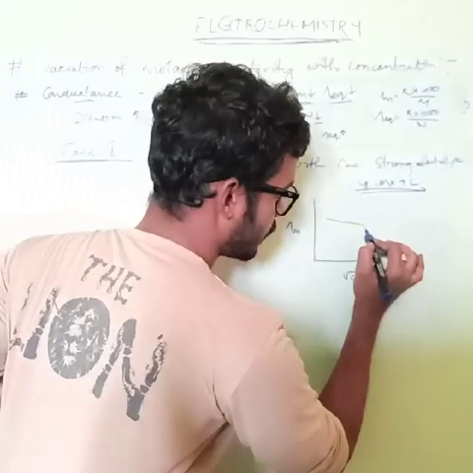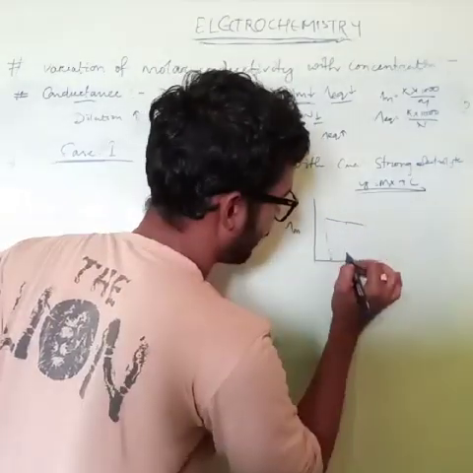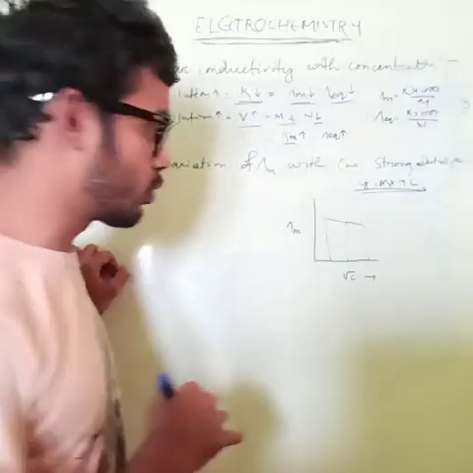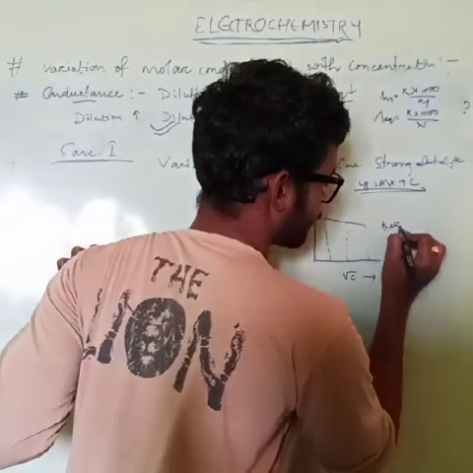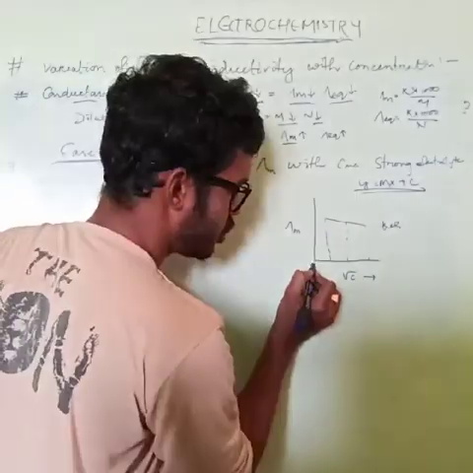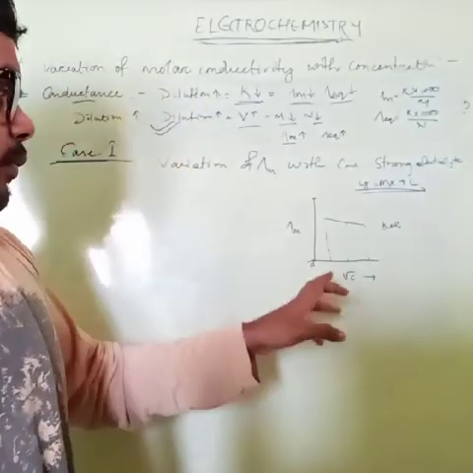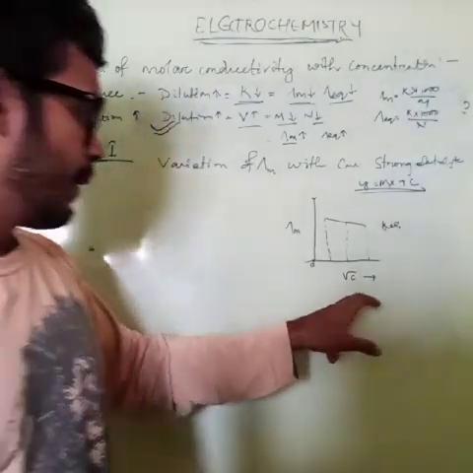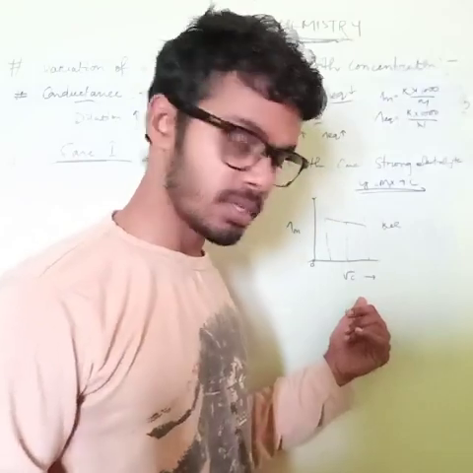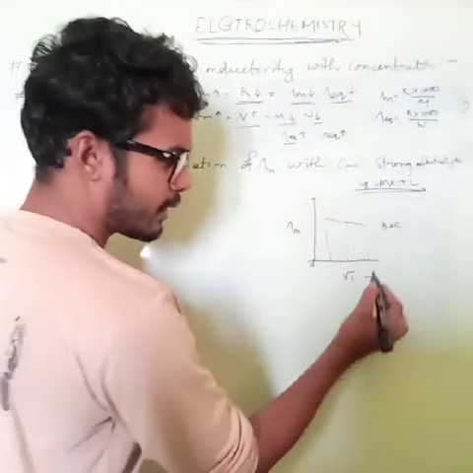Okay, so if you draw this, he has taken strong electrolyte KCl, and he got this. This is 0, this is the y-axis, molar conductance, and this is concentration.